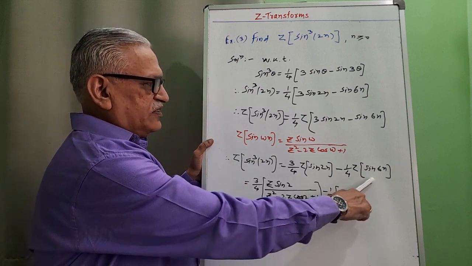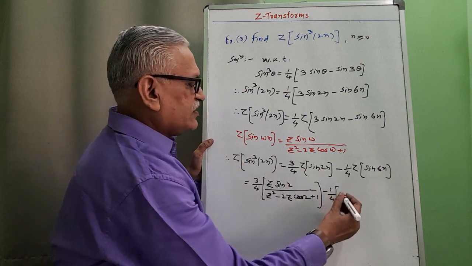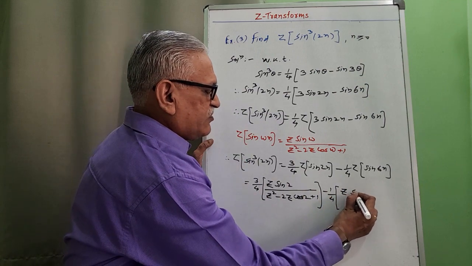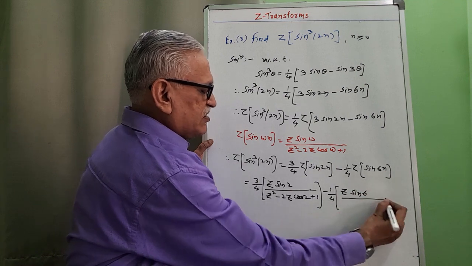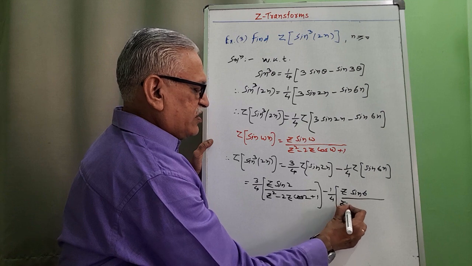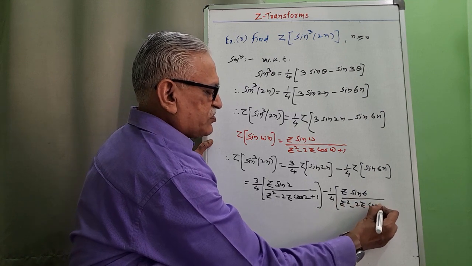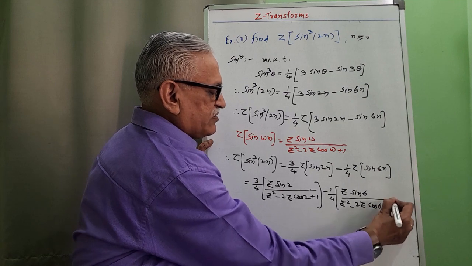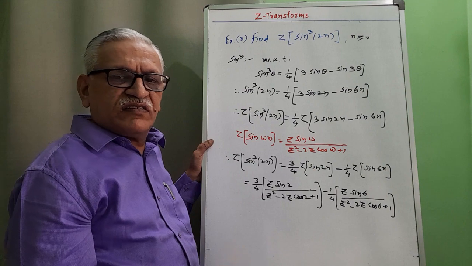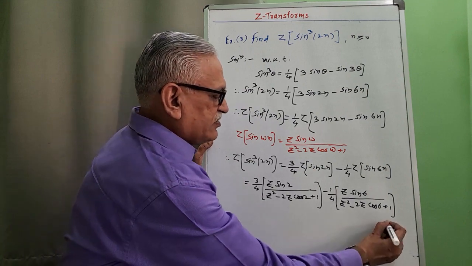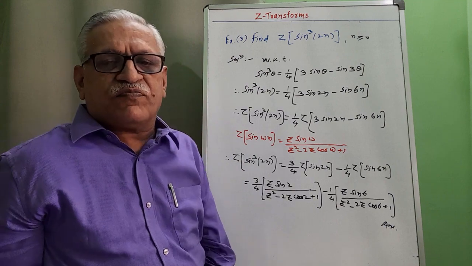Again Z transform of sin 6n. By the same result we get Z sin ω, ω here 6, divided by Z² minus 2Z cos 6 plus 1. We keep this as it is, and this is the required value of that Z transform.